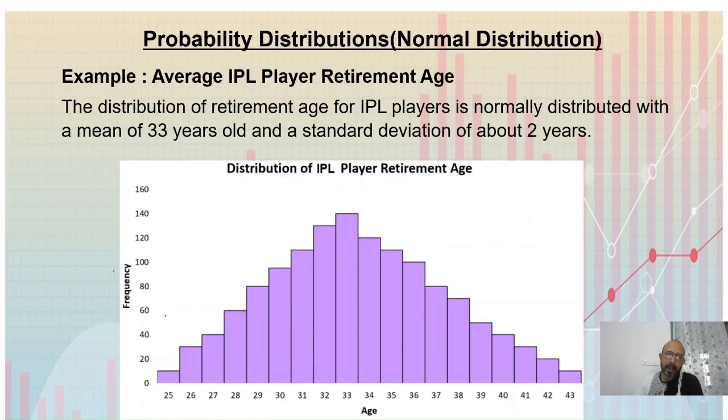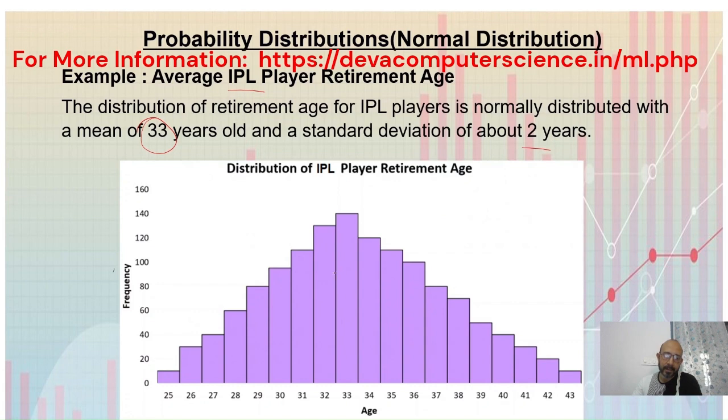Average Indian Premier League player retirement age. The distribution of retirement age of IPL players is normally distributed with a mean of 33 years and a standard deviation of about 2 years.